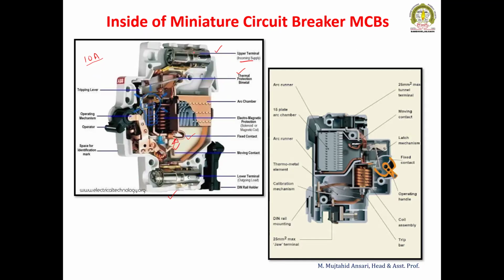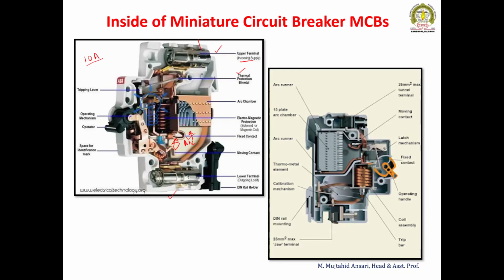So the current comes from the upper side and goes to the lower side. But as soon as a fault occurs, or because of overloading, it is going to trip out. Once it trips, it will produce an arc, and the arc is lengthened with the help of the arc splitter, because the resistance of an arc increases with length.